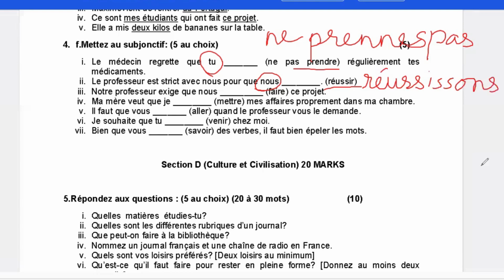As per my rule, for the imparfait, I'm going to remove my ONS ending. To this radical, after removing my ONS, I'm going to add my imparfait endings. What are my imparfait endings? IONS. Done.